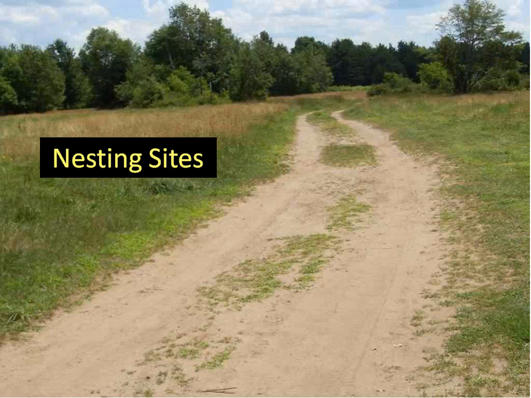So this is a typical nesting site. This is close to Syracuse, New York, out in Baldwinsville, on some DEC land there. And when I say typical site, it's nice, it's open. These wasps like nesting in sort of sandy soil, something easy to dig in.